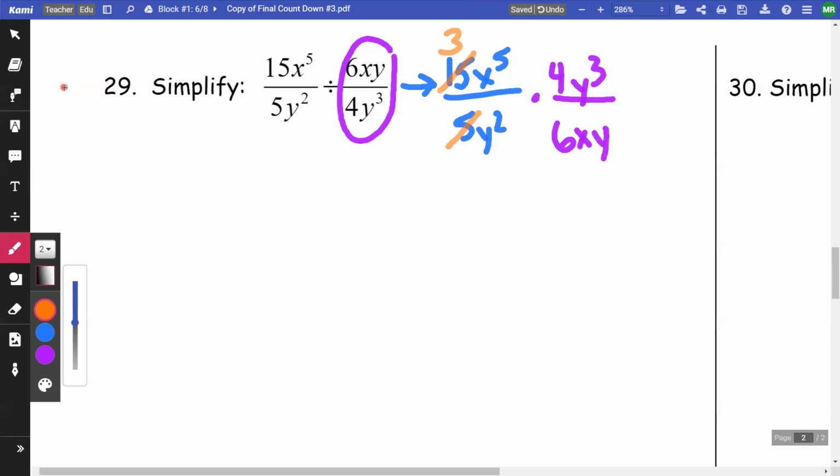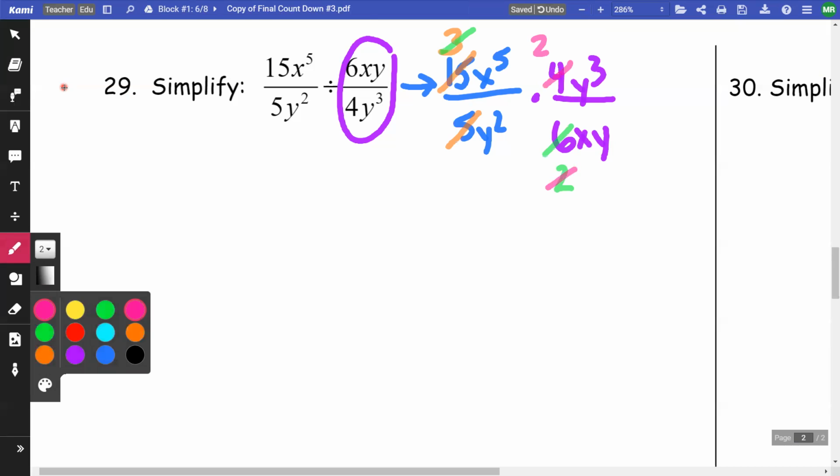Then I notice that 6 and 3 goes into 3 once, and 3 goes into 6 twice. And then 2 goes into 4 twice. So my number is going to be 2. I can also take 15 times 4 and get 60 over 30, and 60 divided by 30 is 2.